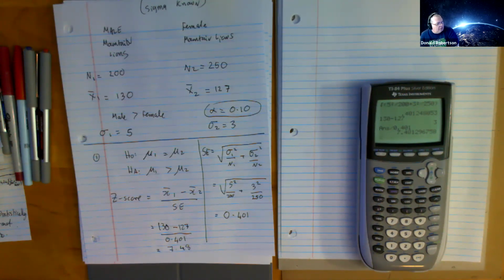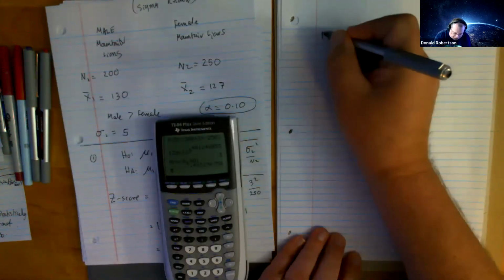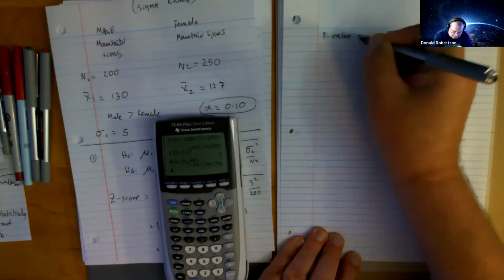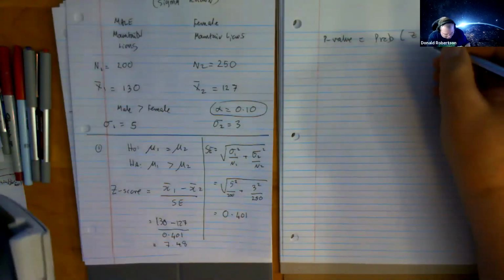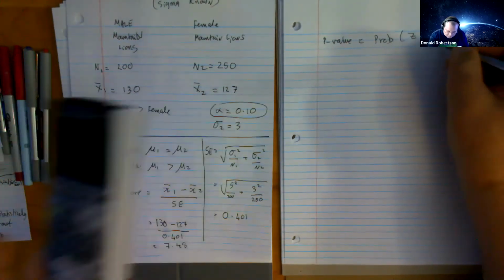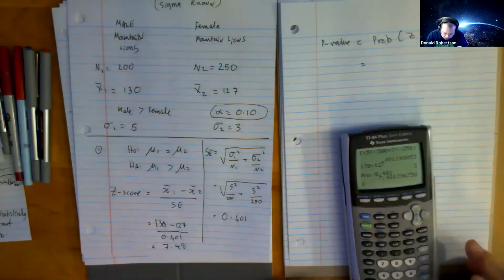Isn't the rule of thumb bigger than 3, less than -3, you're probably going to come out fine? Right. But we continue the process. Let's get the p-value now. It's going to be the probability that you get a Z-score greater than 7.48.